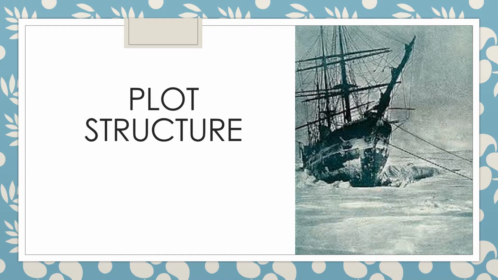It's the opening section of a story which provides important background information necessary to the understanding of that story. It establishes setting. Where are we? What does it look like? And why does it look like this? There's an introduction of the main characters.